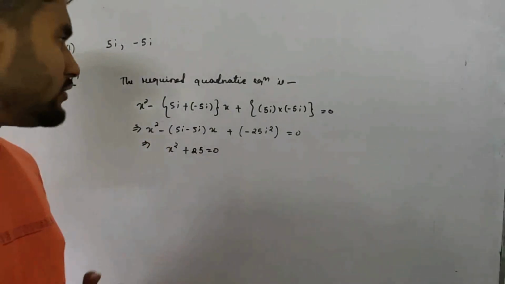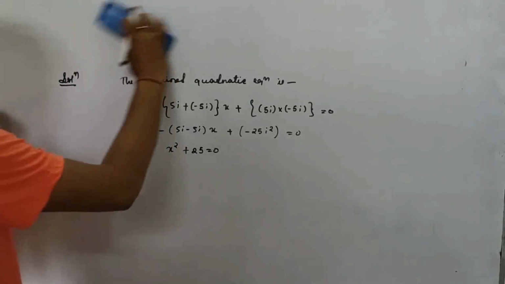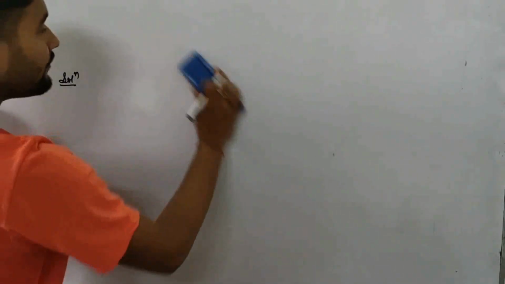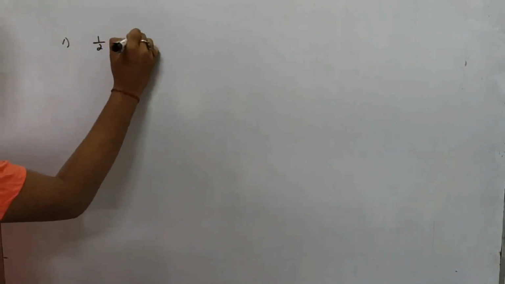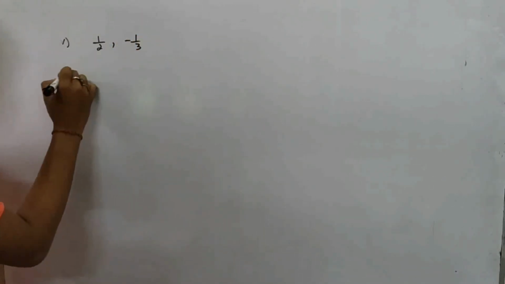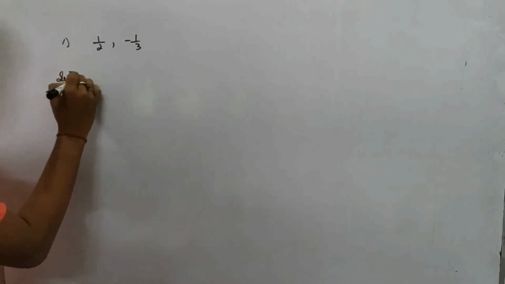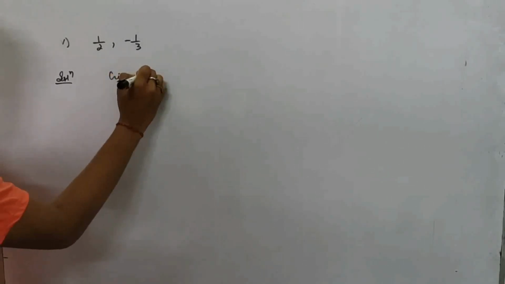Okay. So directly you can do, but sometimes if the calculation is slightly long, say for example you have to take LCM and those stuffs, then it is better not to do directly. Say number 5, 1 by 2 and minus 1 by 3. So in this case, solution, say given roots.